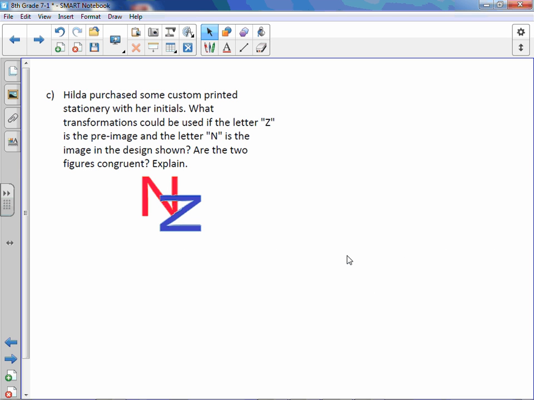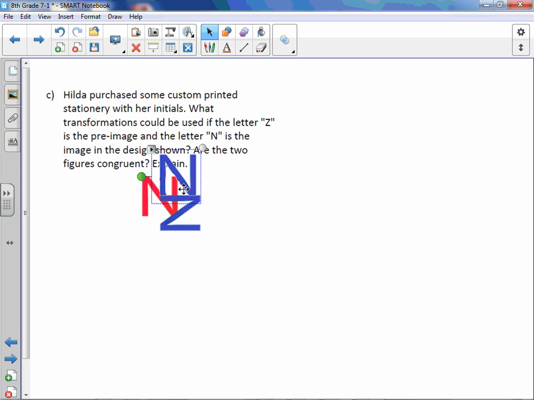Hilda purchased some custom printed stationery with her initials. What transformations could she use if the letter Z is the pre-image and the letter N is the image in the design shown? Are the two figures congruent? Explain. Okay, so this one looks like, again, it was rotated probably just 90 degrees here. When we rotate 90 degrees, we would be here, sorry.